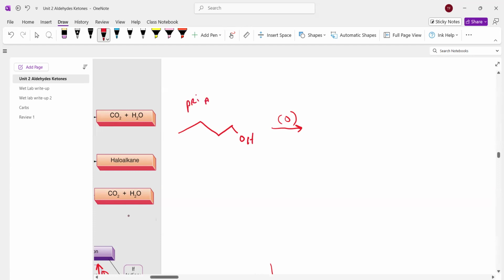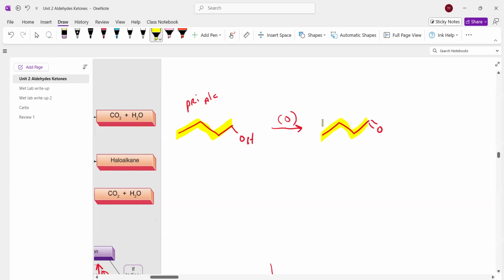You need to identify the fact that it's a primary alcohol and not a secondary or tertiary alcohol, because you're going to get different products depending on what class of alcohol it is. In the case of a primary alcohol, when we oxidize it, we're going to end up with the same backbone. So we have 1, 2, 3, 4. 1, 2, 3, 4. Only the OH is going to be oxidized to the aldehyde. So the number of carbons in the backbone is the same.